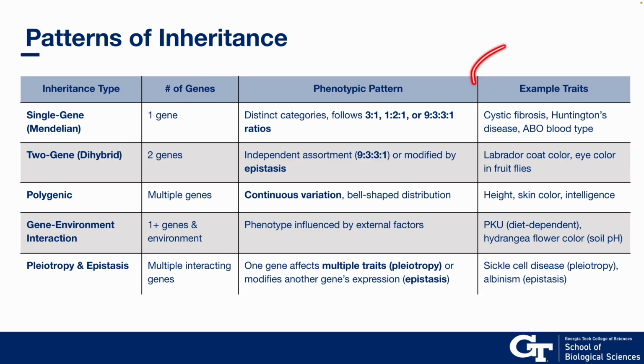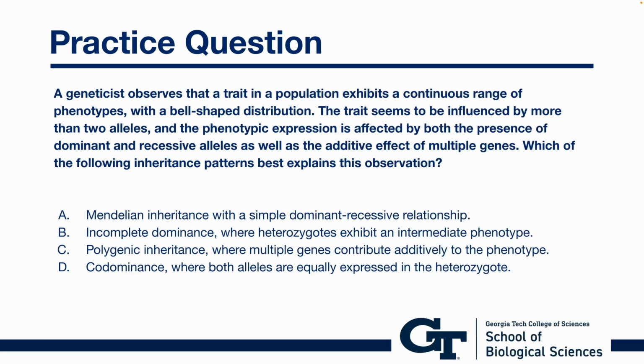And also, here are some examples of them that might come up on the test. For example, I've seen what type of inheritance is blood type. Well, it's multiple allelism, but it follows Mendelian inheritance of this distinct ratio. So I would, again, just try and commit this chart to memory.